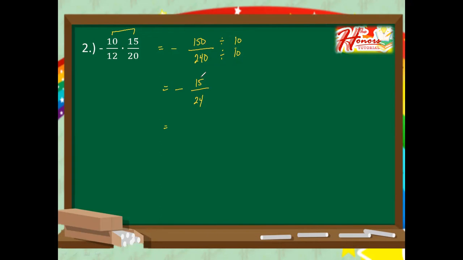And that's 3. So let's divide this by 3. Copy the negative sign. 15 divided by 3, that's 5. 24 divided by 3, that's 8. The answer is the same, but this is time consuming. But my advice is that you use the method that you are comfortable of using.